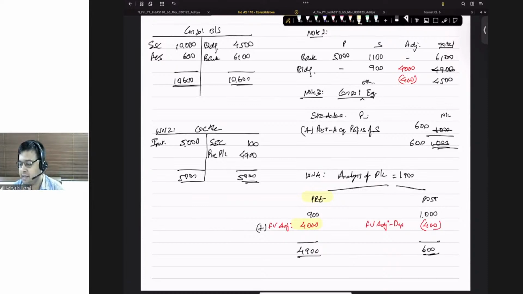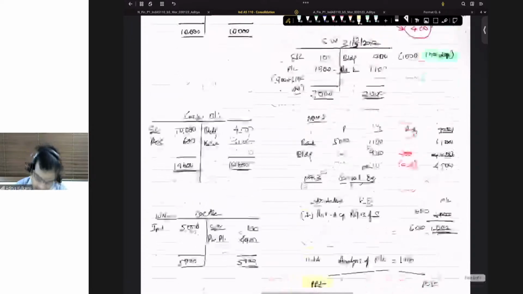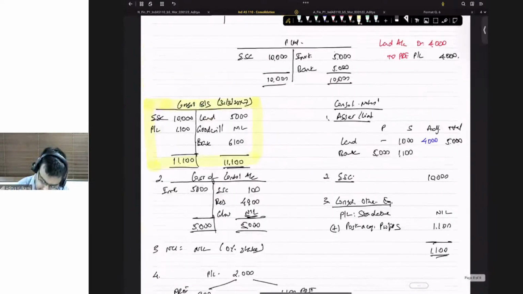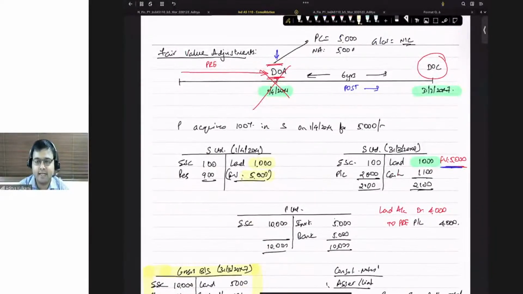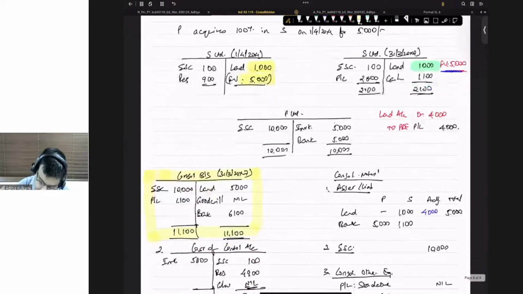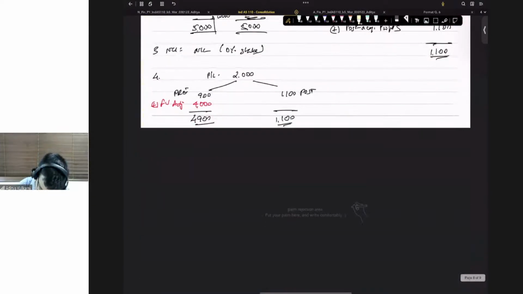I am keeping the same example, same case. No change. See, in the first case, land increased from 1000 to 5000 on the date of acquisition. So where did I take that impact? I took that impact in pre-acquisition.